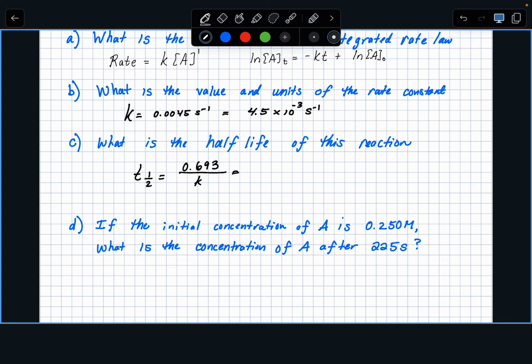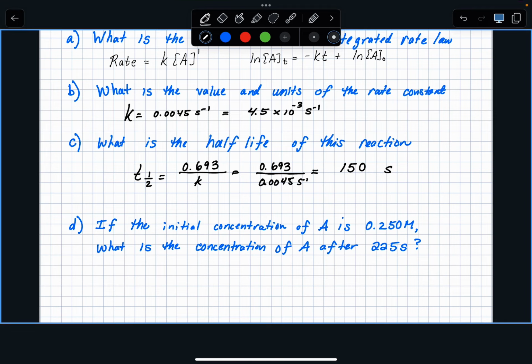We know what k is, so it's 0.693 divided by 0.0045. The half-life will be in seconds: since you have per second, it comes up to the numerator. When you solve, the half-life is 150 seconds.